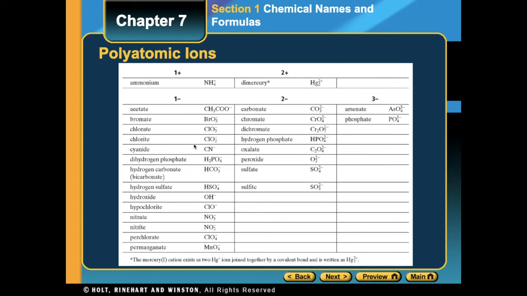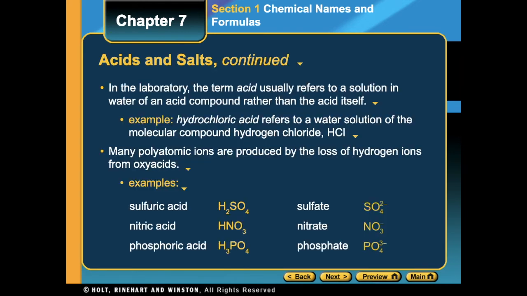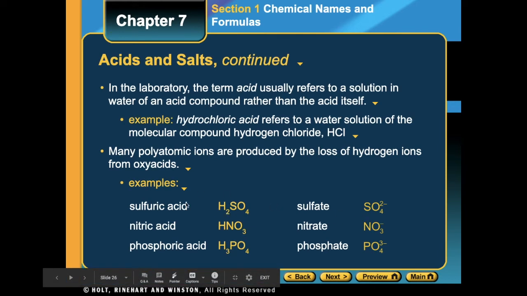And this is just because hydrogens carry, in general, a charge of +1. So when I add a hydrogen to acetate, it becomes acetic acid because that +1 charge of hydrogen came in and canceled out this negative charge of acetate. So as you can see here, the sulfuric acid gets turned into sulfate when it loses its hydrogens.